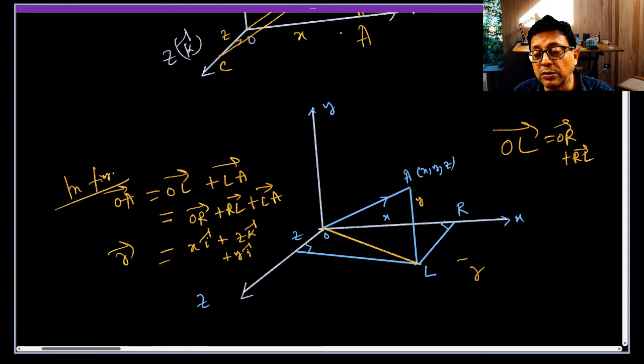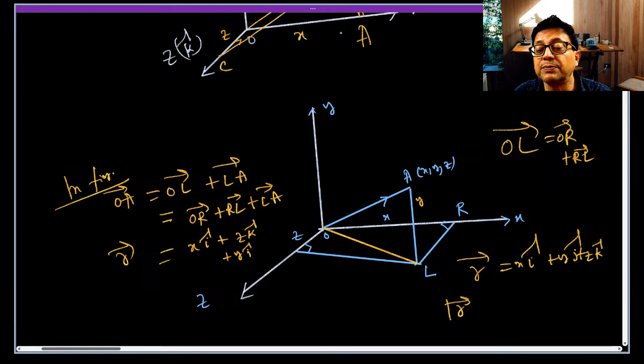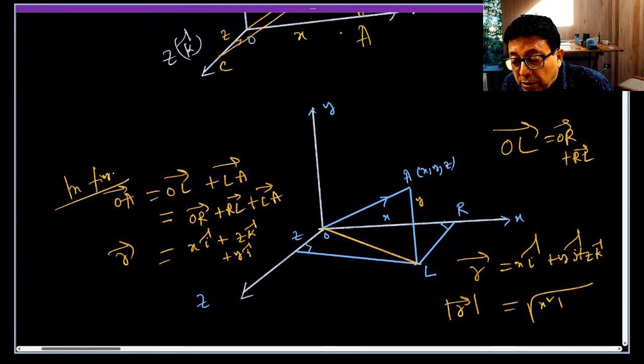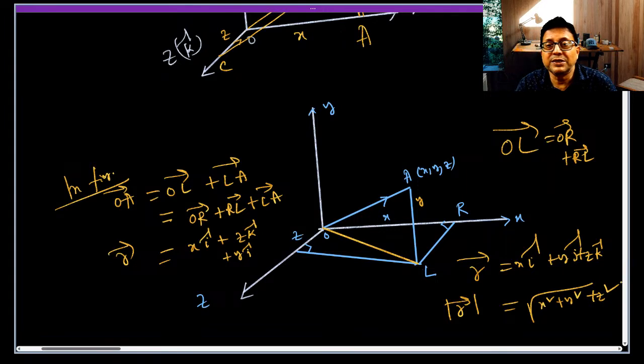So again here also r equal to xi plus yj plus zk. Its magnitude, at this moment I can prove it, is under root x square plus y square plus z square. Done.